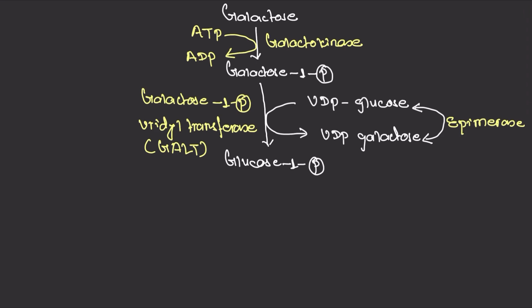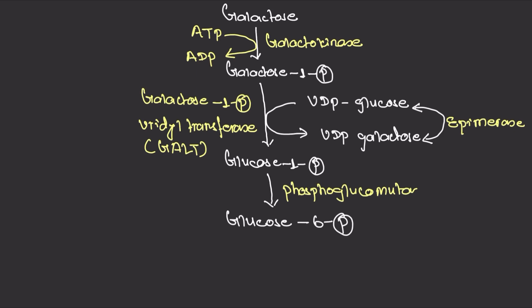Now this glucose 1 phosphate is converted to glucose 6 phosphate, and this step is catalyzed by the enzyme phosphoglucomutase.